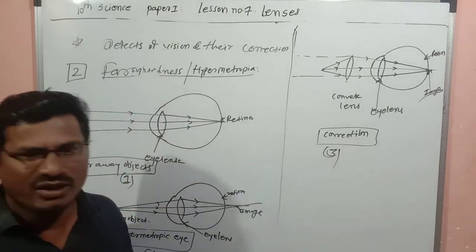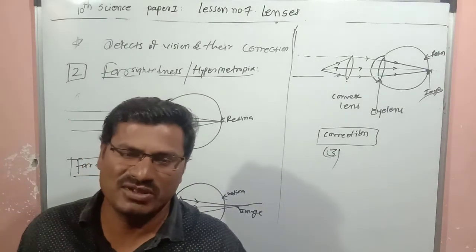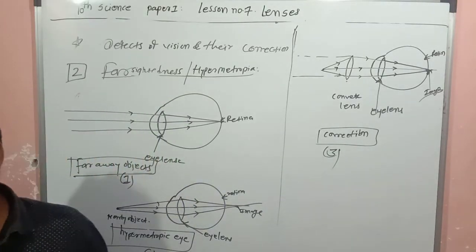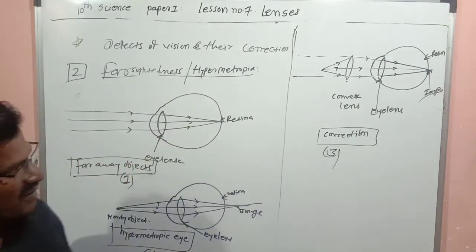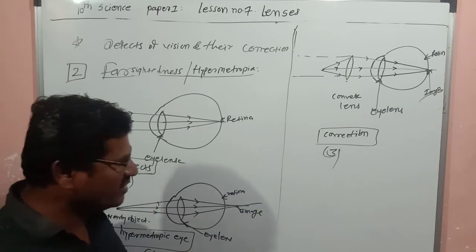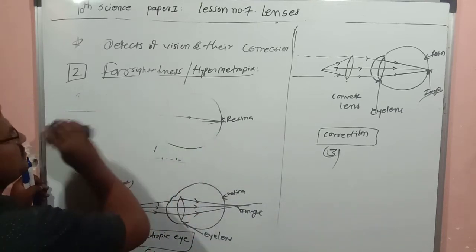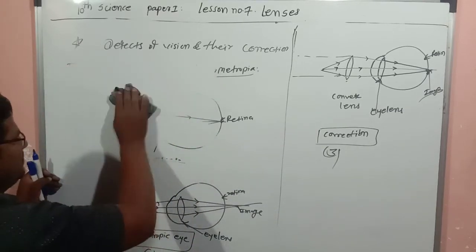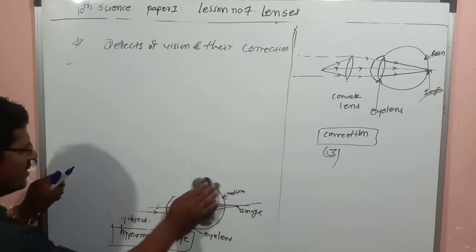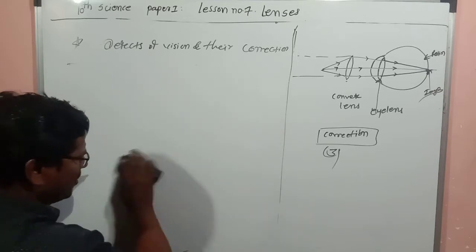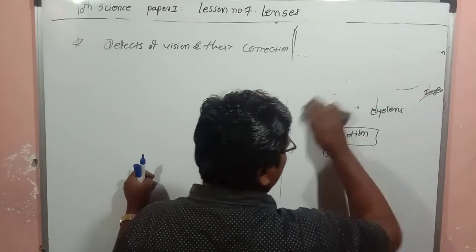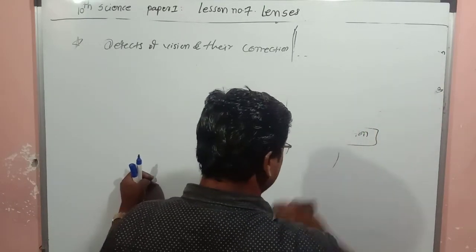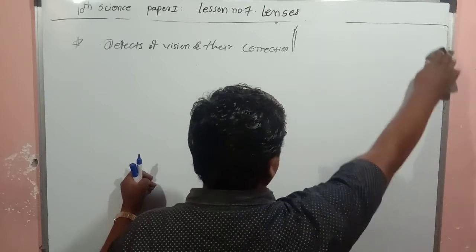After this, the next defect we are going to study is presbyopia. This defect arises in old age persons, those who have more age.